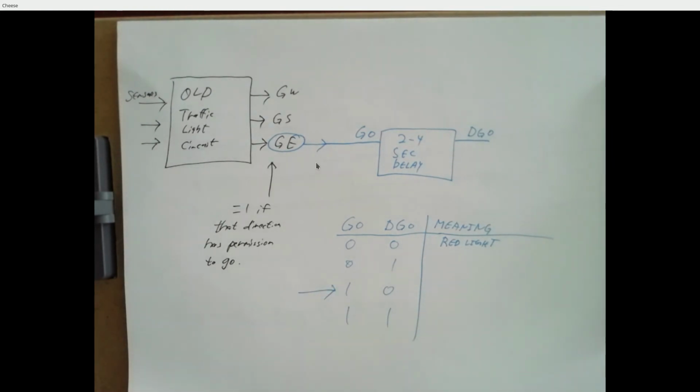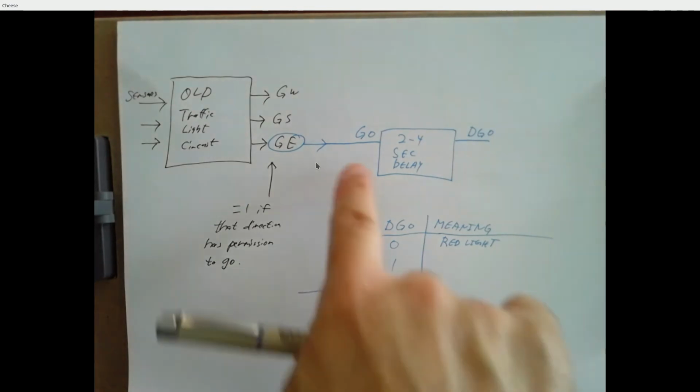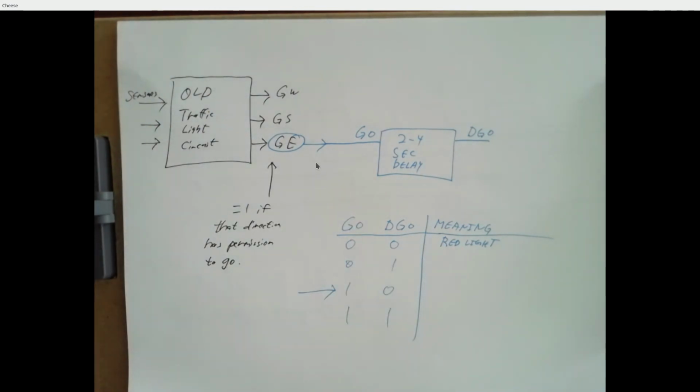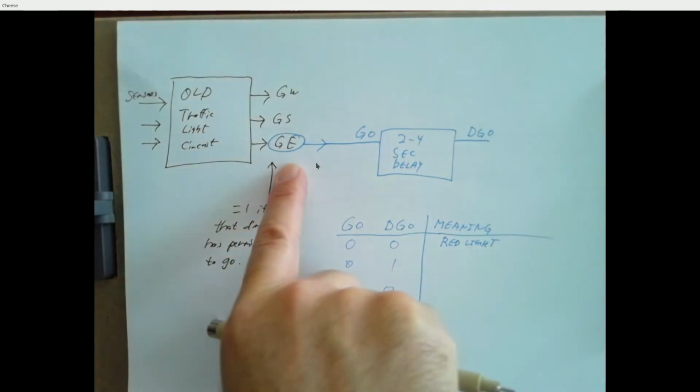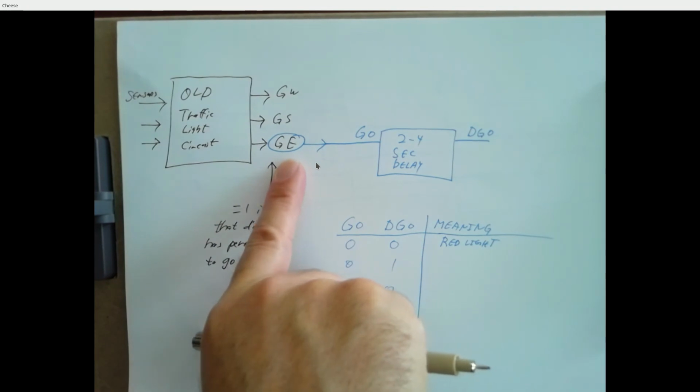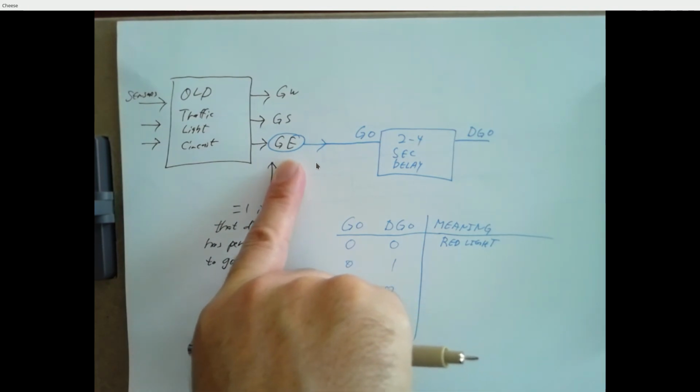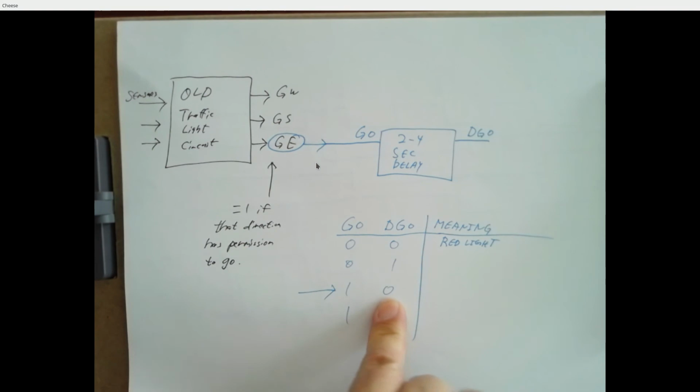The delayed go signal is still a 0, but the go signal is now a 1. So we're being told by the old lab circuit that this car should have permission to go, but we know that 2 seconds ago it did not have permission. So what's happening right now?